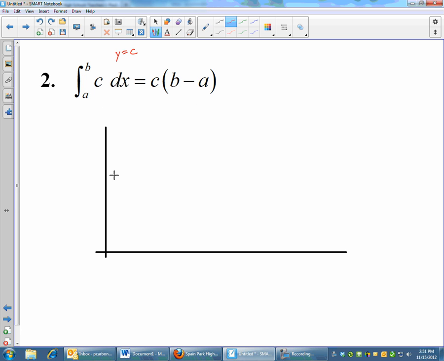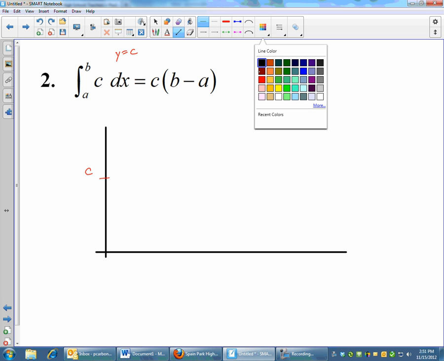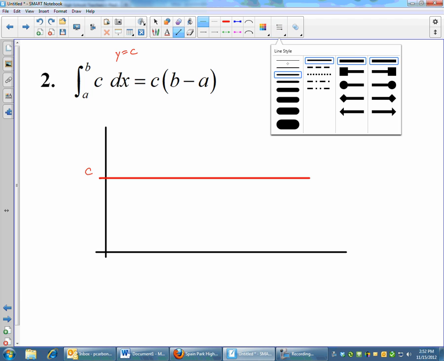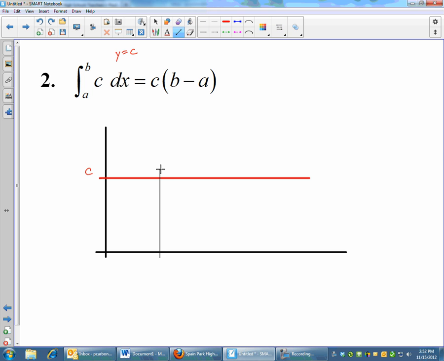Now, honestly, y'all probably would solve this without thinking about this property, but if you look at it graphically, if I have a function y equals c, that just means I have a horizontal line. I'm going to graph a horizontal line at y equals c. If I'm going to find the area under that curve from a to b, let's say this is where a is, and this is where b is.